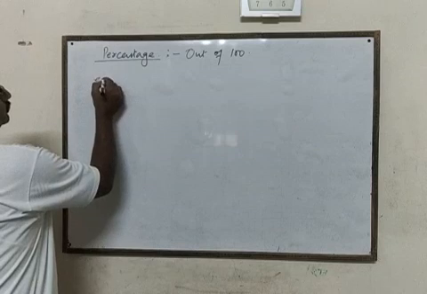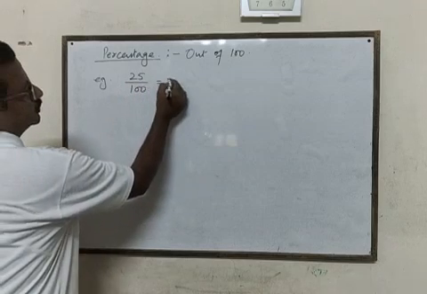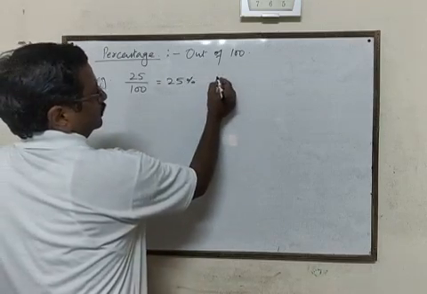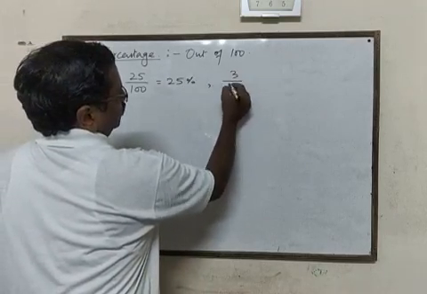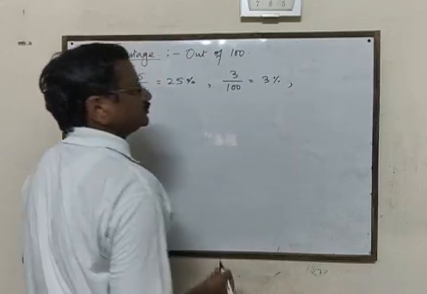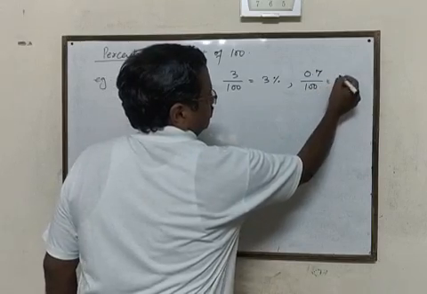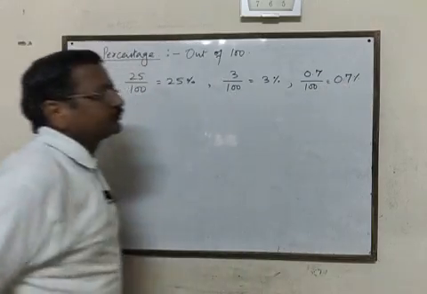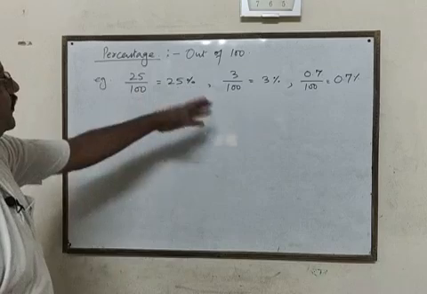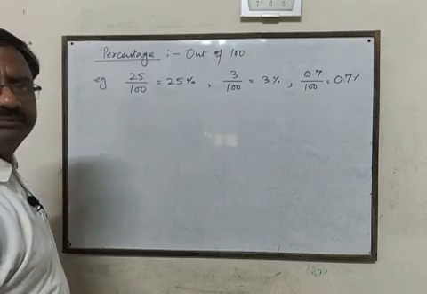For example, 25 out of 100 is 25%. 3 out of 100 is 3%. 0.7 out of 100 is 0.7%. So see this concept: whenever there is 100 in the denominator, remove this 100 and put the percent sign.